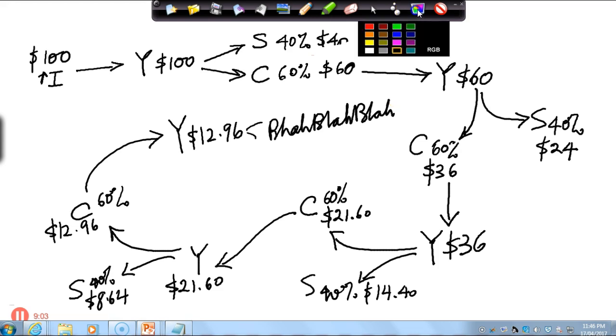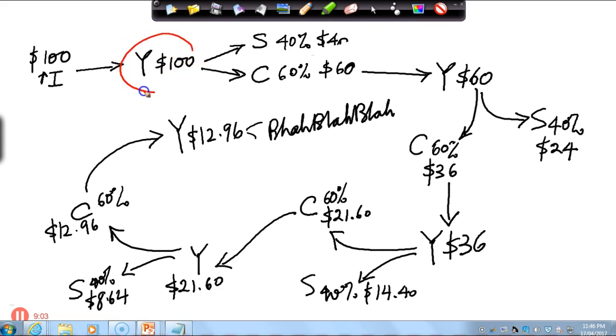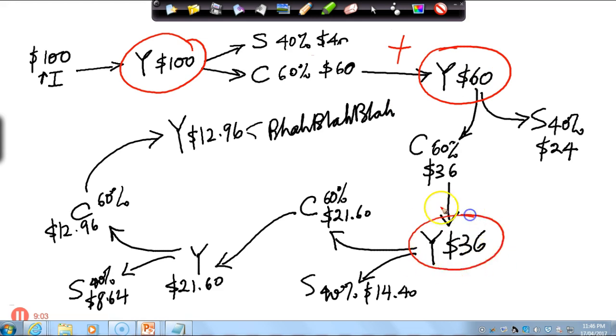Now, what has happened overall to income? Well, it's increased by 100. Then, in addition to that, it's increased by another 60. And then we add to that, it's increased by another 36.